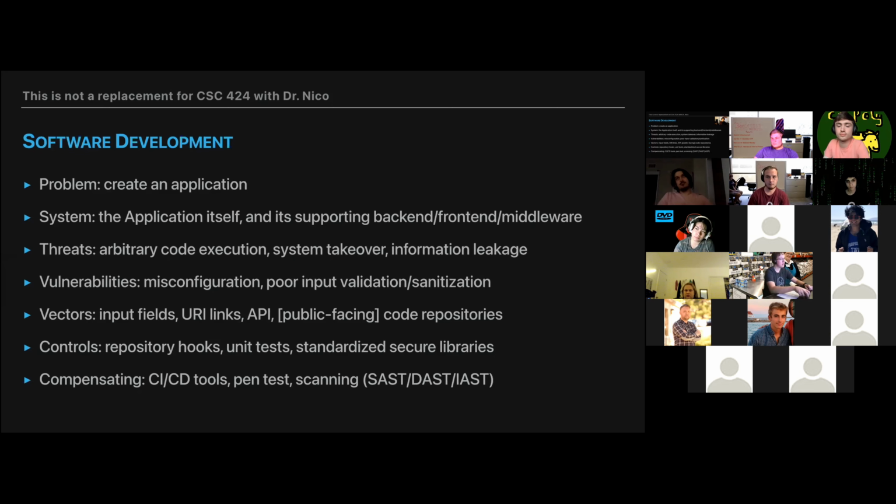I won't get into what those are, but just know that there are tools that can help you scan for really whatever you define them for, right? So you could scan for, like I said, someone who was able to push a key. Maybe scan for keys, maybe scan for vulnerable strings or passwords somewhere in your code that got past your repository hooks or maybe your unit tests or your standardized libraries, right?